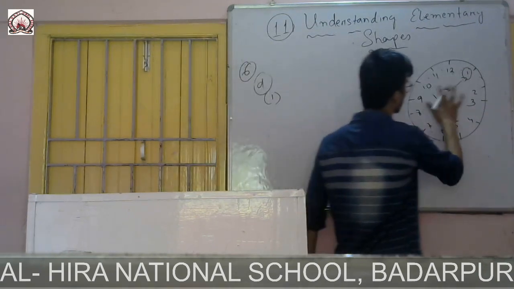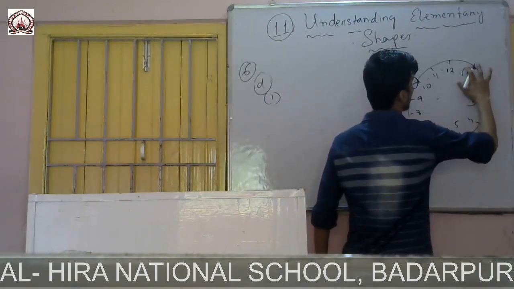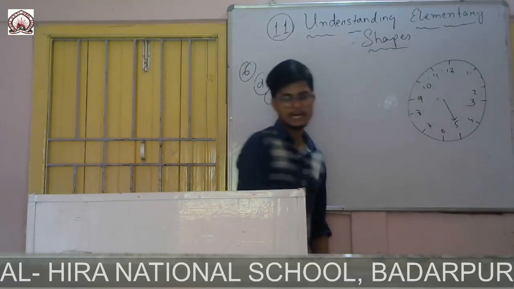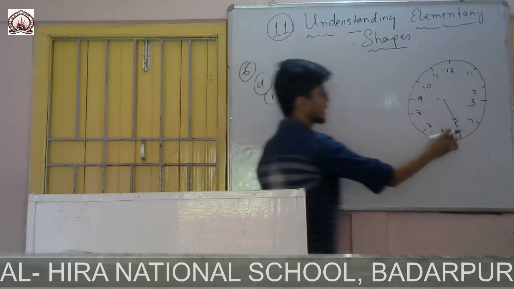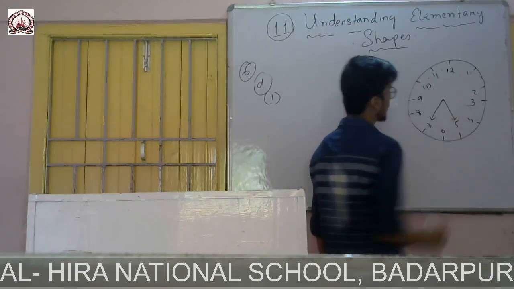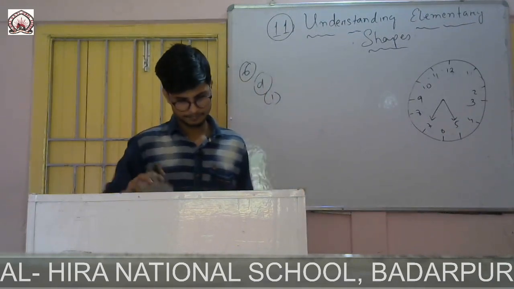So if it starts rotating from 5 o'clock and turns 60 degrees, each angle measures 30 degrees. That means 30 plus 30 is 60, so it will come up to 7.